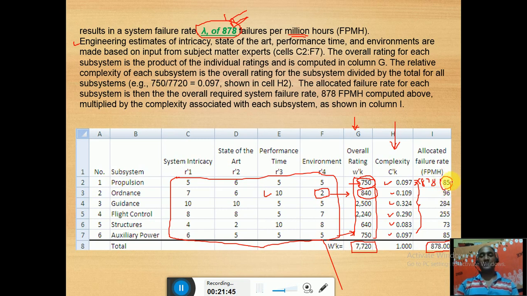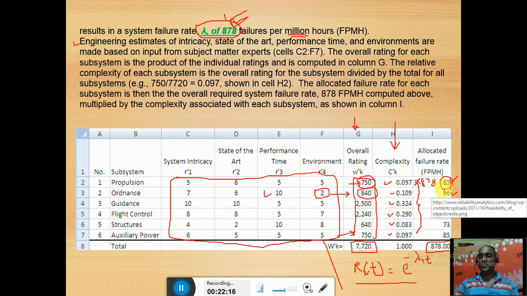So 85 is the failure rate allocated to the first, 96 is the failure rate allocated to the second, that is ordnance, and 284 is allocated to the guidance, and so on. Again we have R of t, or you may write R1 of t, which must be equal to e raised to minus lambda t, or minus lambda 1 t. Now we can easily find the reliability of each subsystem using this equation.